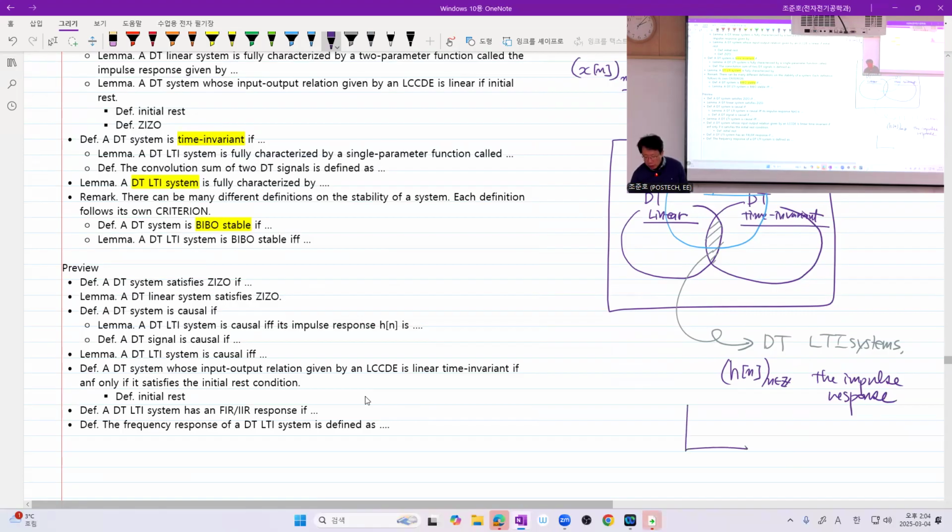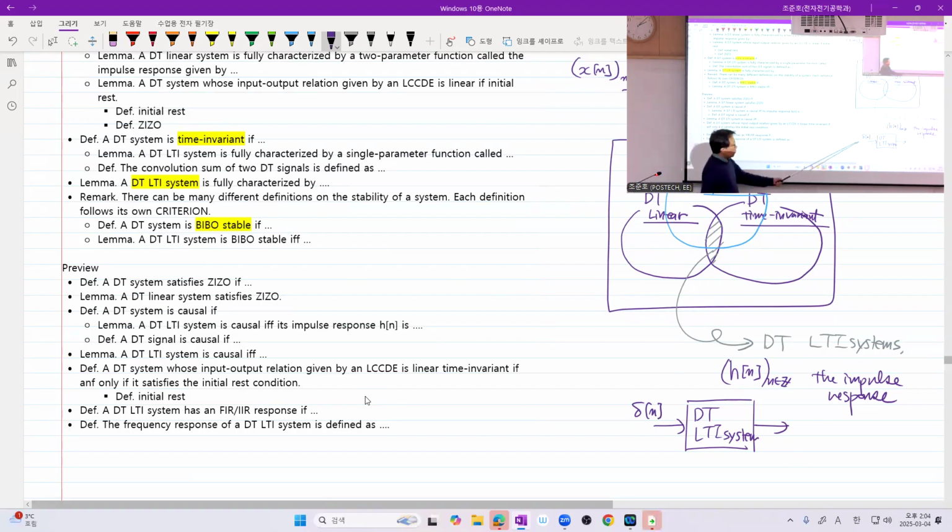By the way, what was the definition of the impulse response of a DT LTI system? The impulse response could be many depending on where you place the non-zero value. But when you talk about a DT LTI system, you use the unit sample function with the non-zero value located at n equals 0.